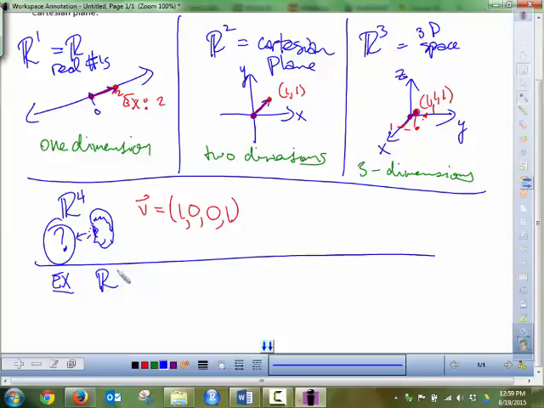In R6, we have a 6-dimensional grade vector. And this would be a collection of percentages of each of the categories that we have.